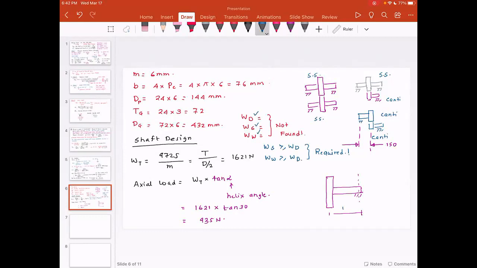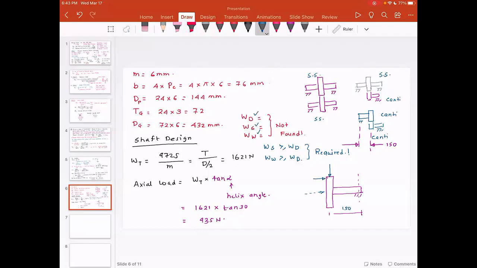This distance is 150, and then you have axial load. So let me show you how this load is going to look like. So essentially, when you translate, your load is going to look something like this.